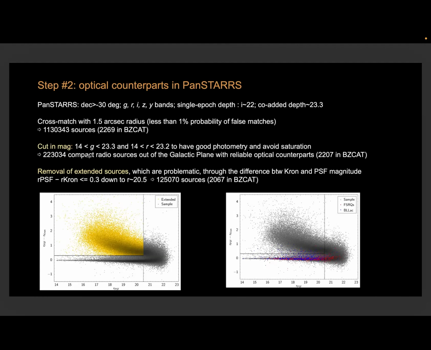So for point sources, this difference in magnitudes is 0 or very close to 0, and we put a threshold at 0.3 and discarded all the extended sources down to magnitude 20.5, because for fainter sources there is confusion, so the method isn't working anymore.